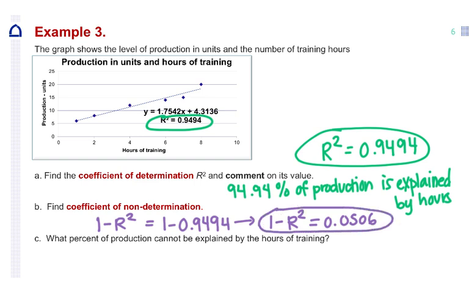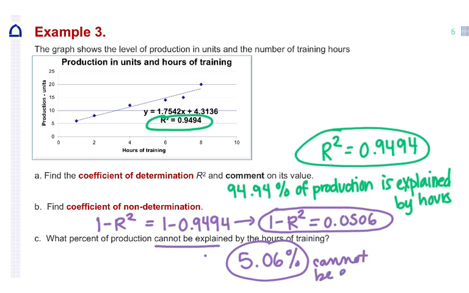What percent of production cannot be explained? Well, that is from the coefficient of non-determination, so 5.06% cannot be explained. Anytime they're asking for what cannot be explained, that's the coefficient of non-determination.